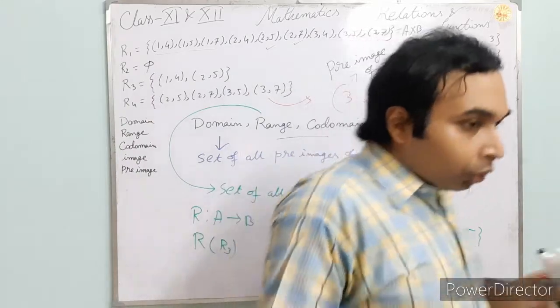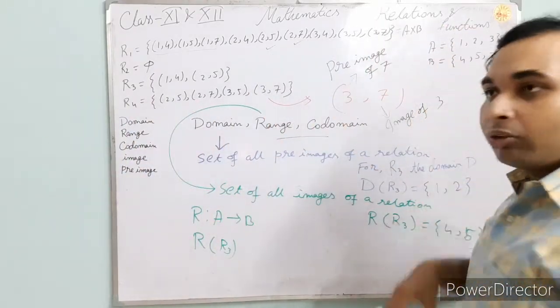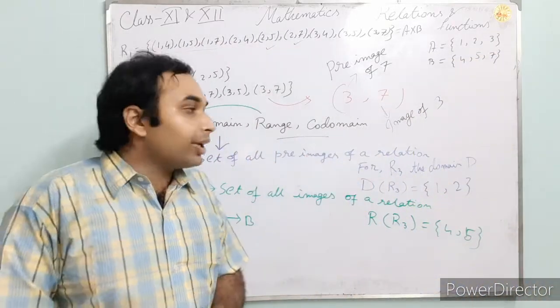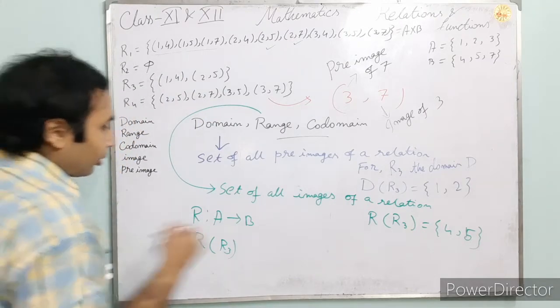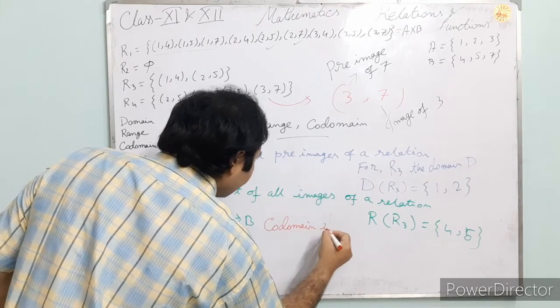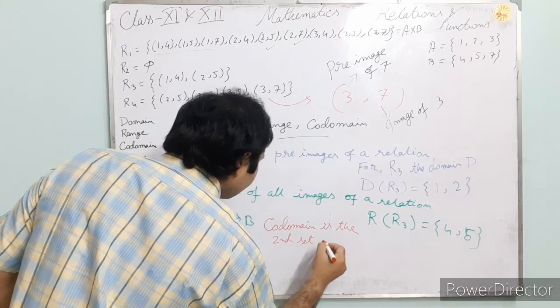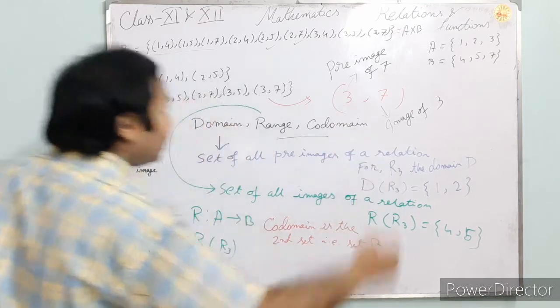The codomain means the second set, the set B. Whatever the relations are, the codomain will be the second set only.